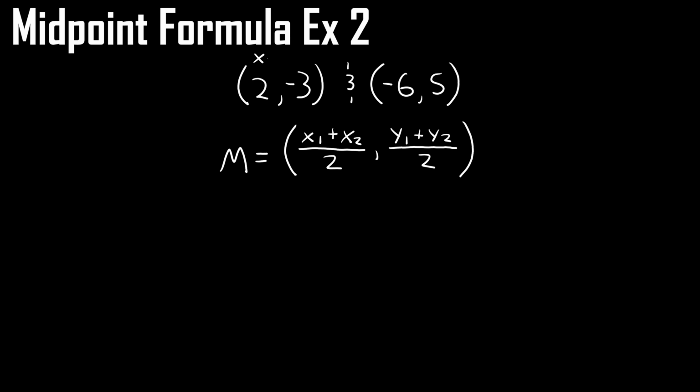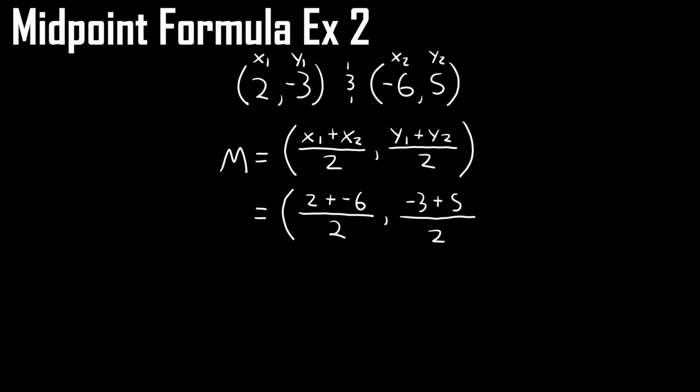So we have x1, y1, x2, y2. So we'll have 2 plus -6 over 2, comma, -3 plus 5 over 2.